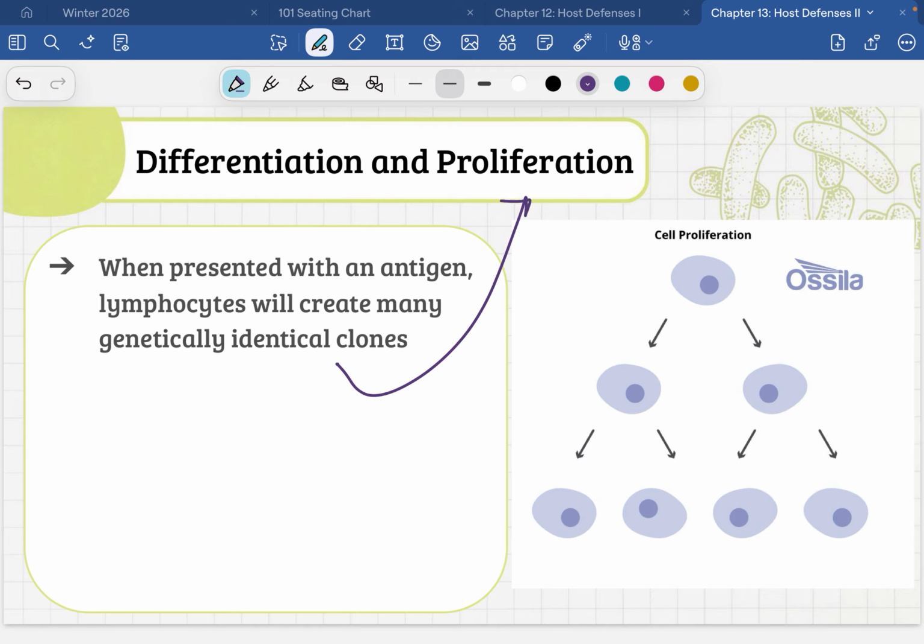So that is proliferation. When a lymphocyte, a B lymphocyte or a T lymphocyte, doesn't matter, is presented with a specific antigen, they will create many genetically identical copies of themselves. And why that's important, we'll talk about more in a second. But you have to know that definition of proliferation.